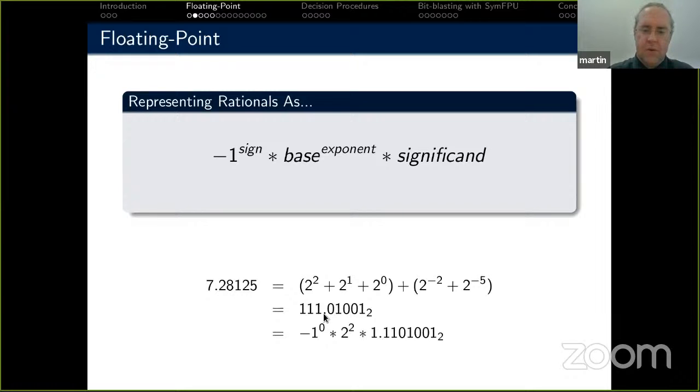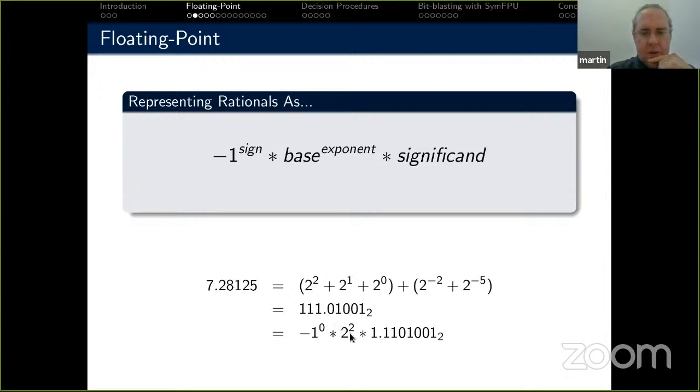With this, we have to normalize, we have to skip it over 2 points, and that's why the exponent is 2. So it means that the significand part is always between 1 and 2. Always, small caveat.